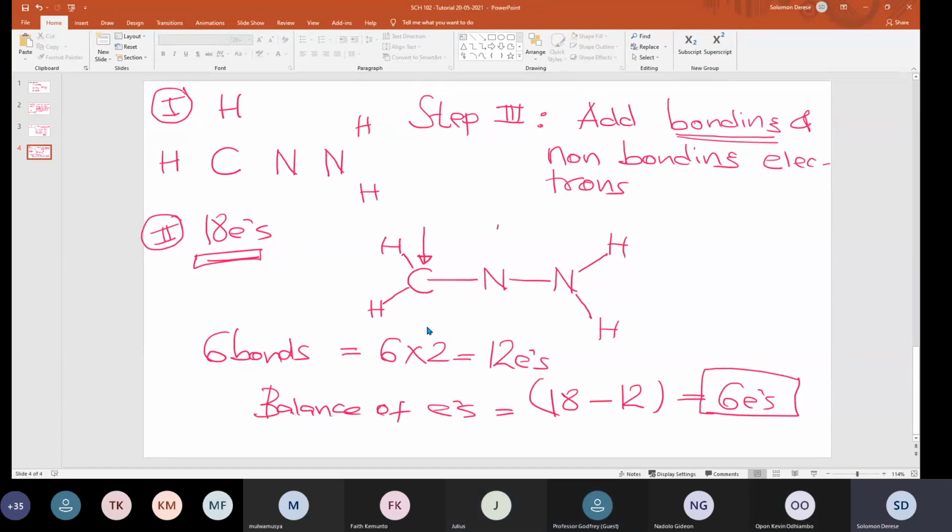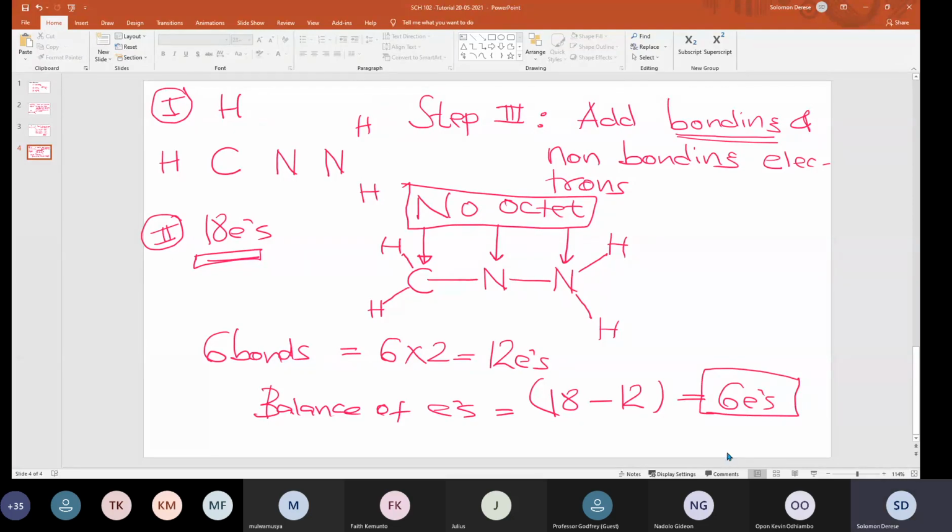How about on the nitrogen? How many electrons do we see on the nitrogen? 4. How about on this nitrogen? 6. So none of these elements have an octet.